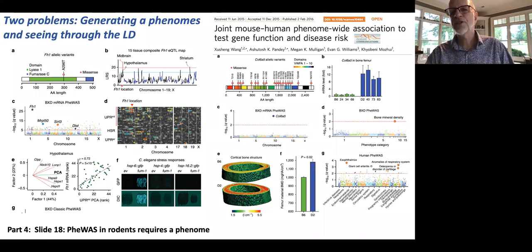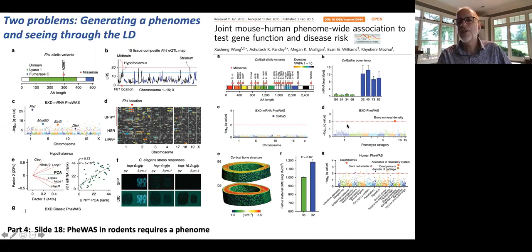The linkage disequilibrium, the LD, is the main problem for doing phenome-wide association in a mouse, or at least in the BXDs, because the linkage blocks are very large. But that's why we teamed up with Josh in the BioVU group at Vanderbilt to do this jointly, because we get precision from the humans, but we get quantitative trait from the mouse.